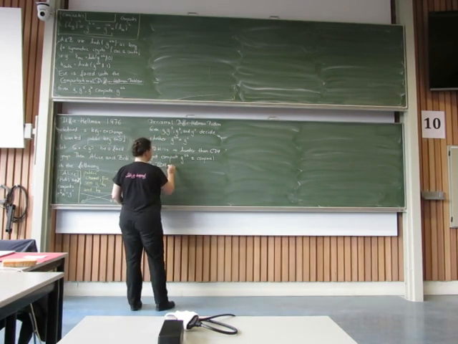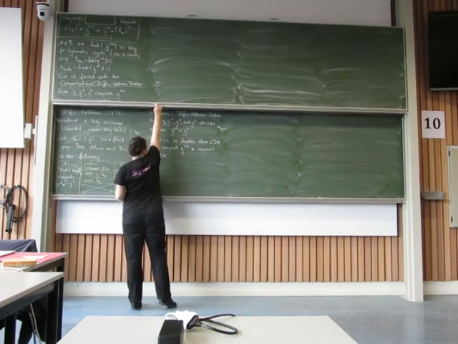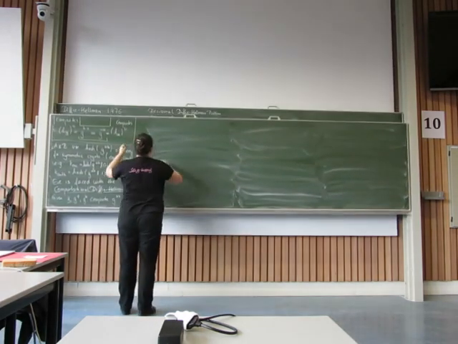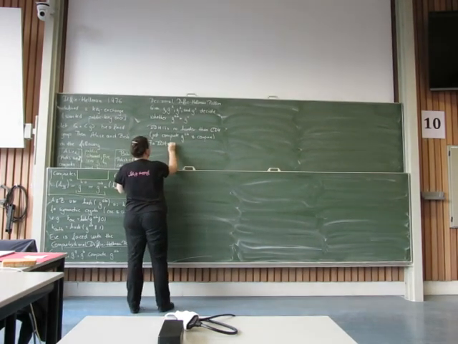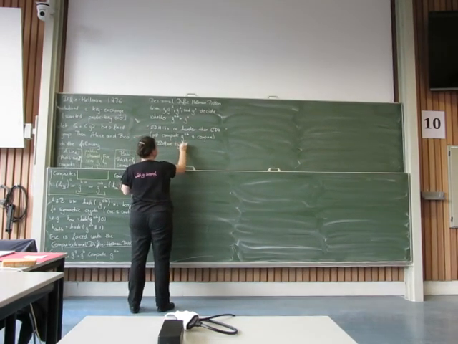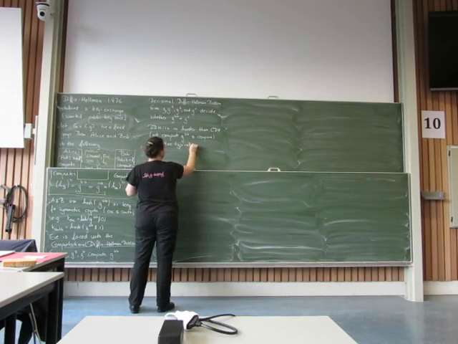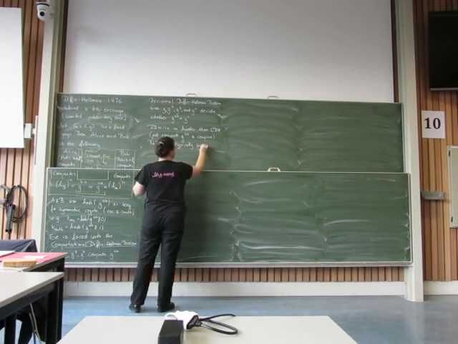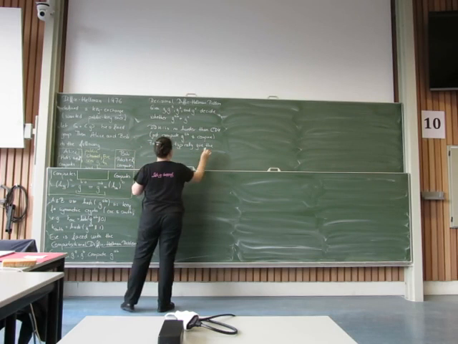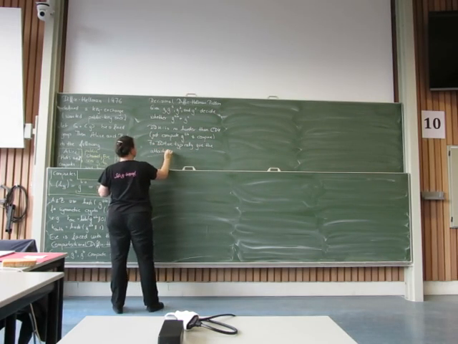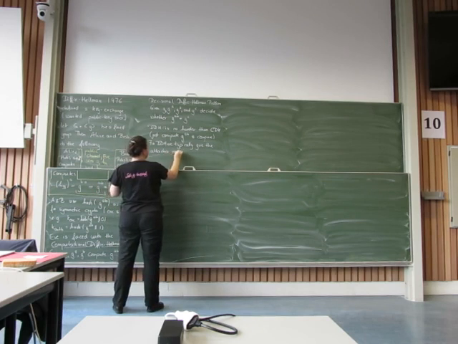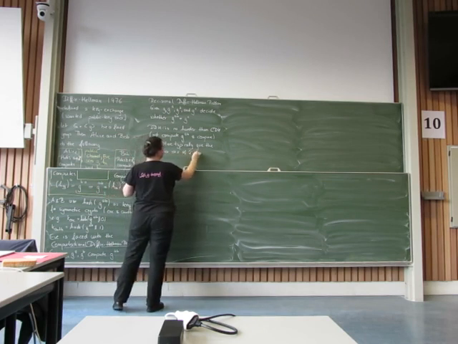So for DDH, we typically give the attacker one of two distributions.